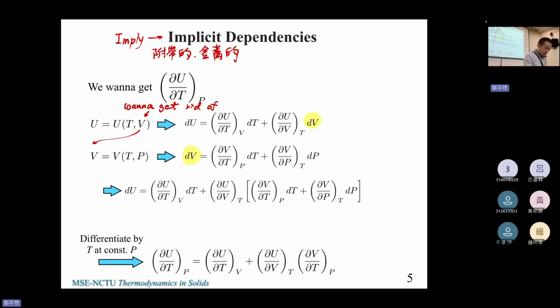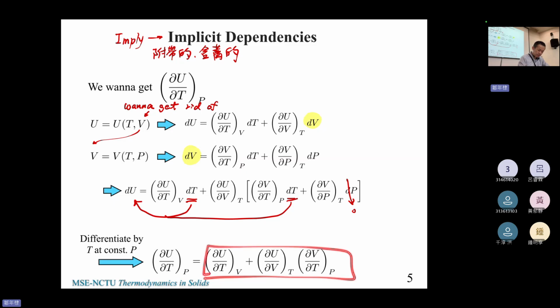All right. So the dT here, and dT here. All right. And at constant P, so we can get rid of dP. And then you find that if we switch the dT from the right-hand side to the left-hand side, we differentiate by T at constant P. So you can obtain partial U partial T at constant P equal to this, right?